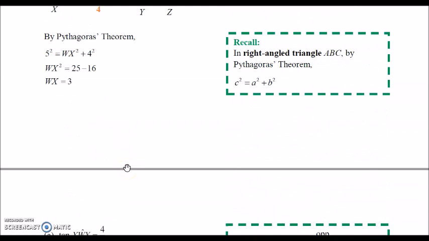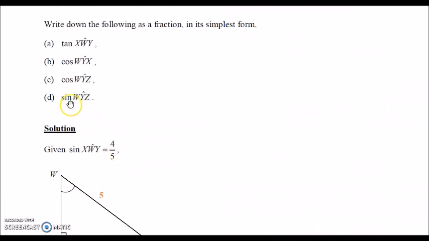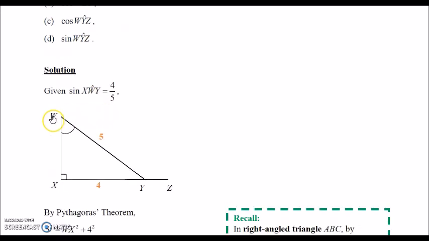Let us take a look at our last part D. I want as a fraction the sine of WYZ, this obtuse angle over here. If you recall what we have learned earlier, the sine of this obtuse angle will be equal to the sine of this acute angle WYX.